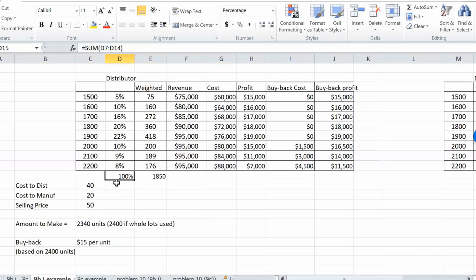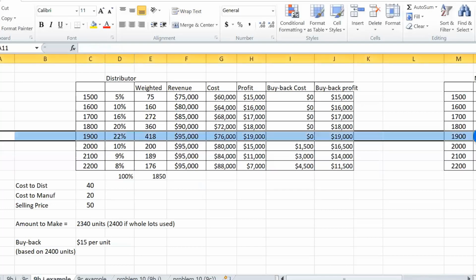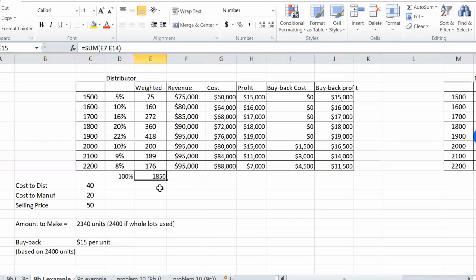So in this case, if you move the probabilities around, obviously the break-even point changes. The profit in this example is actually 1,850, so the number of units went up a little bit.